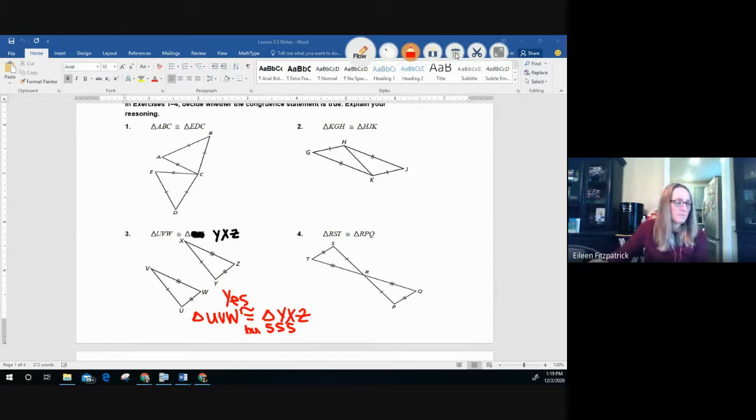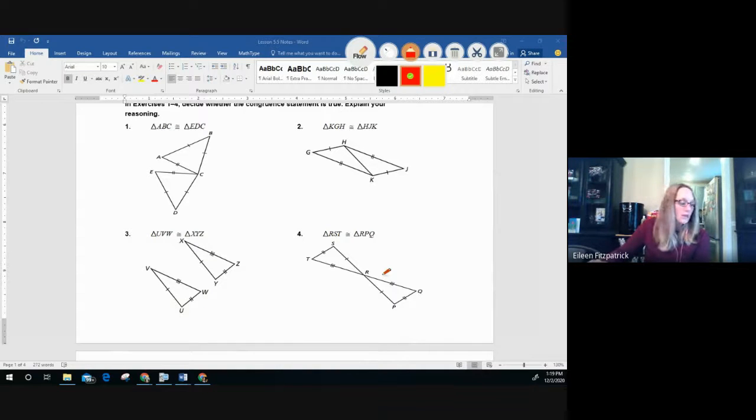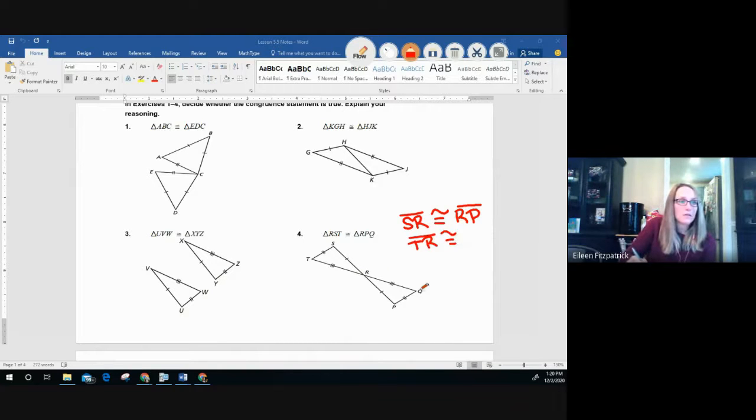And the last one on this page is triangle RST congruent to triangle RPQ. Well, looking at the markings, I have that this side RS, I'm going to list these this time, is congruent to this side RP. I have that this side TR is congruent to this side RQ.